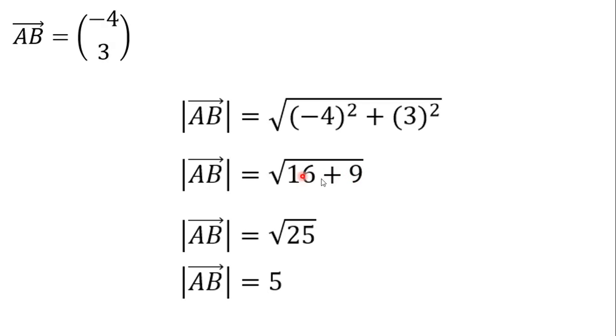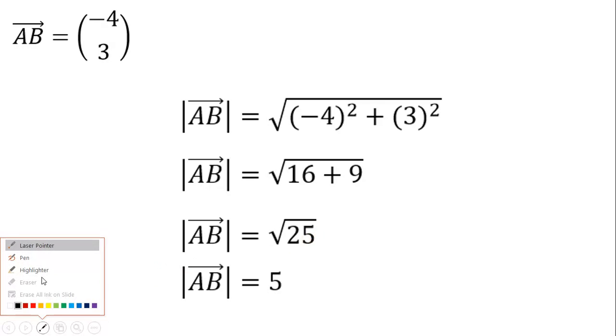So here we have 16 plus 9. 16 plus 9 is 25. We have to take the square root of 25. Now, what is the square root of 25? Well, the square root of 25 is the number that we can multiply by itself to give us 25. Now, what number can we multiply by itself to give us 25?